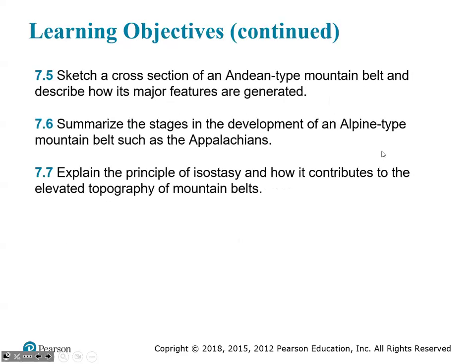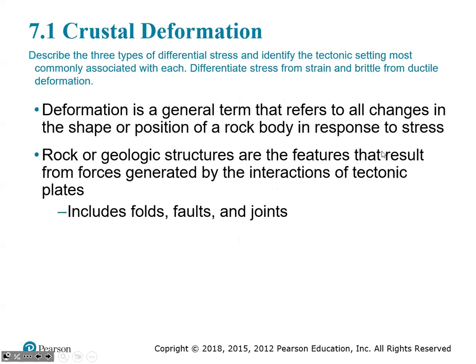We'll talk about how an Andean type mountain belt is generated and its cross section. We'll go over the developments of an alpine type mountain belt, such as the Appalachians. We'll explain the principle of isostasy and how it contributes to the elevated topography of mountain belts.